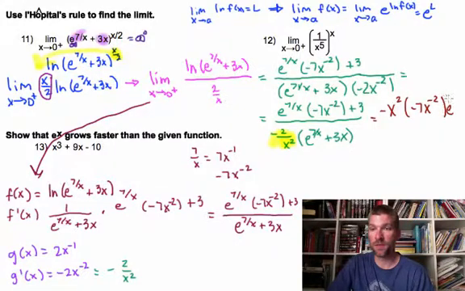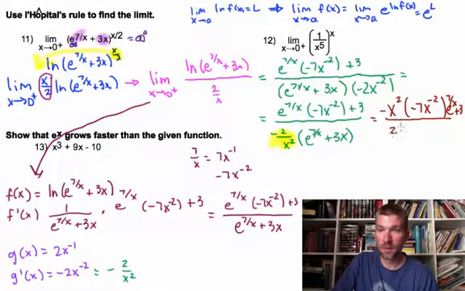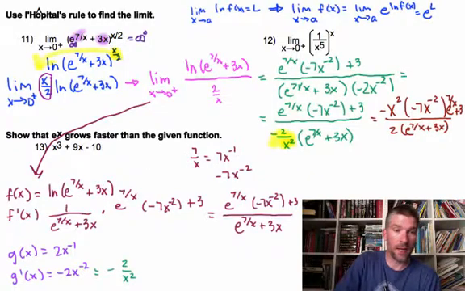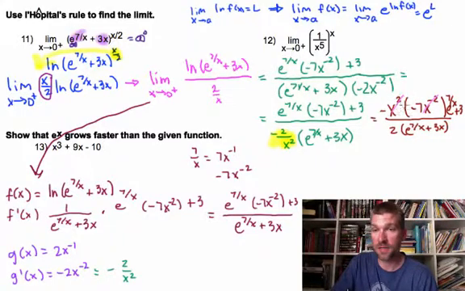Times e to the 7 over x plus 3. All that over 2 times e to the 7 over x plus 3x. And when I distribute, what happens is the negative x squared here and this x squared here cancel out. Okay, they cancel each other out. They're gone.